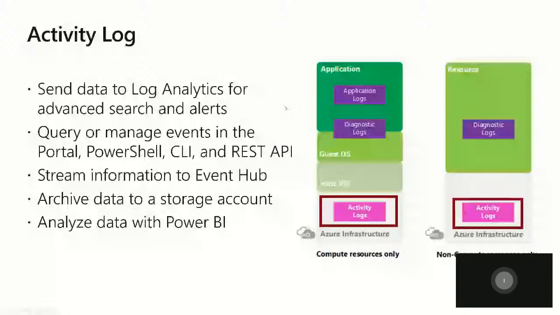You can also stream it into Event Hub. You can archive that to a storage account. You can analyze data with Power BI, and there is a new feature now. You can send it to a partner solution. I will show you in the portal later on.